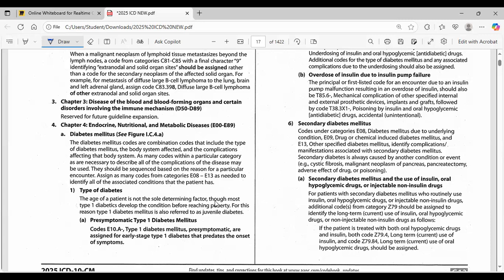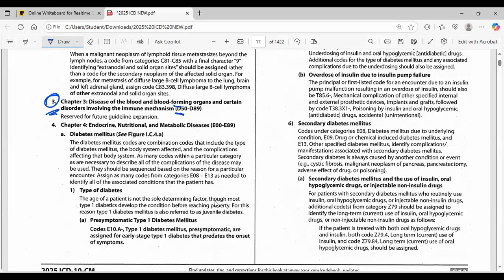Let's move further. Chapter number 3 does not have any specific guideline. Chapter 3 codes begin from D50 to D89, and we use the code series D50 to D89 whenever the patient has any disease of the blood and blood-forming organs. If the patient has blood cancers or lymphoma, in those cases you have to use a code from series C00 to D49.